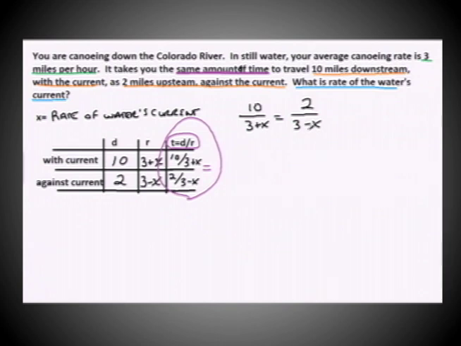And we know from previous videos, to solve a rational equation, you multiply every term in the equation by the LCD. The LCD here has a factor of 3 plus x and a factor of 3 minus x. So we simply multiply every term by 3 plus x times 3 minus x.